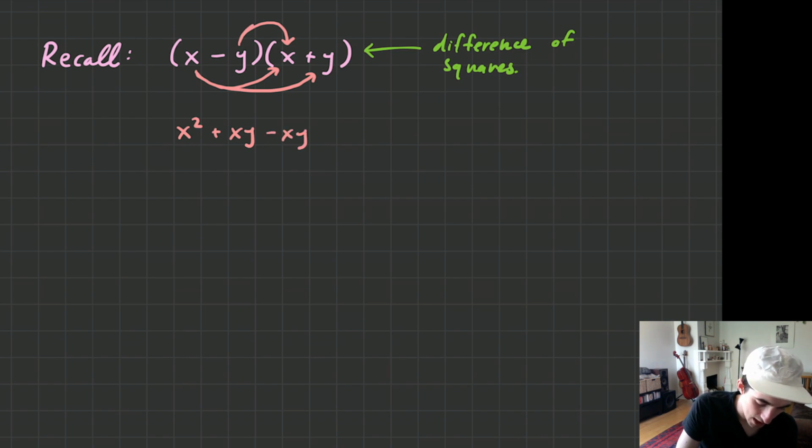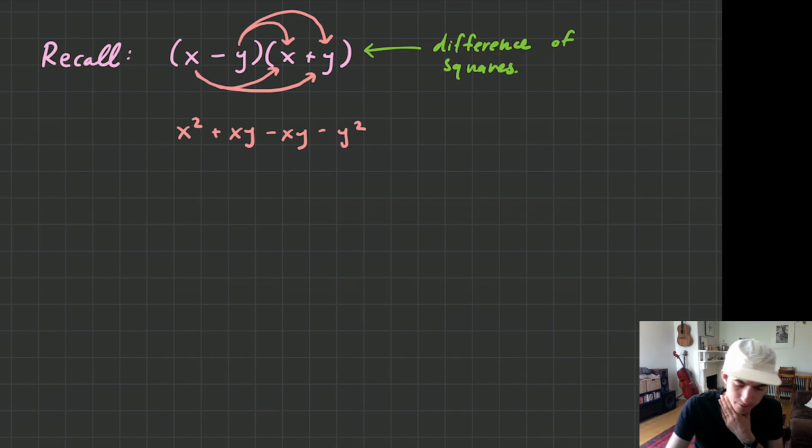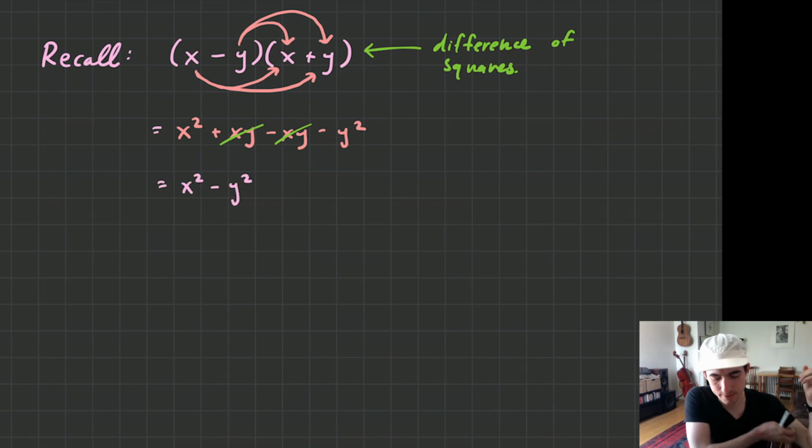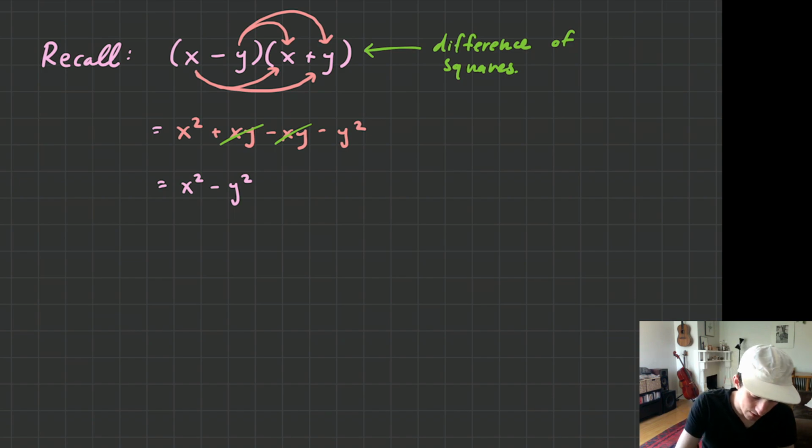And then we are going to have negative y times y, which is negative y squared, right? Nothing too shocking about that, I don't think. And you'll probably notice that the xy's cancel out. And what we're left with finally is x squared minus y squared. Okay, so we've seen that before, right? A difference of squares, not too difficult to see how that works.